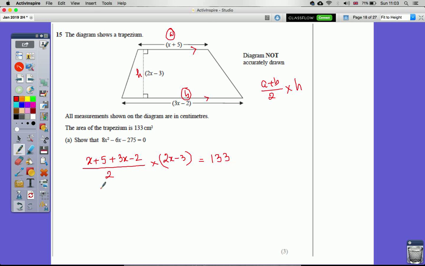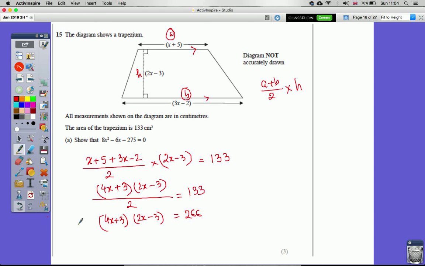So x plus 3x is 4x, 5 minus 2 is positive 3, multiplied by 2x minus 3, all of it divided by 2, is equal to 133. Multiplying both sides by 2 gives you this.